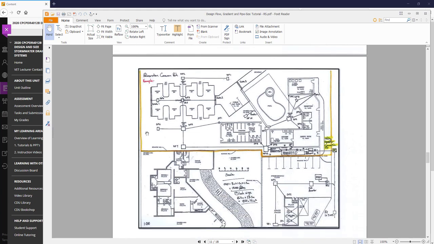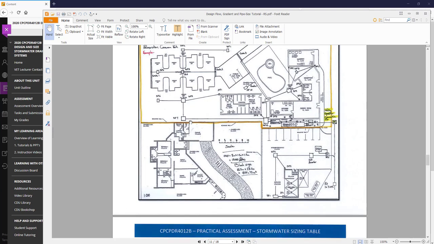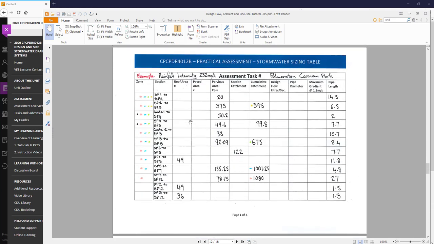I've just outlined here the whole boundary area that we're actually looking to capture. So it's fairly straightforward. And then this is where I've started to put the information in. SP1 to SP2 was 20 square metres. SP2 to SP3 is the loading that went into SP2 plus the 20 metres for SP3.